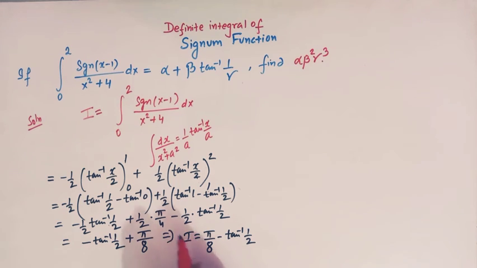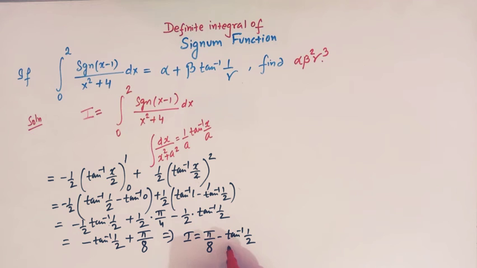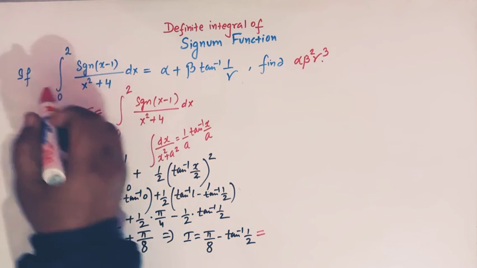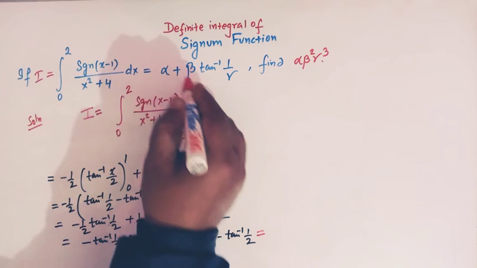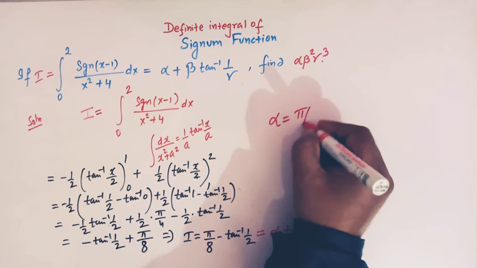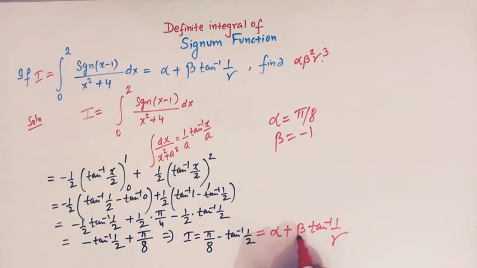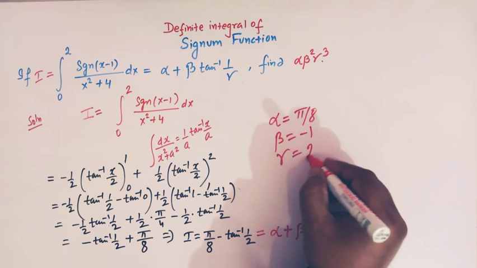So now viewers, the value of this integral is pi over 8 minus tan inverse half, and the value of this integral, which is I, is also given as alpha plus beta tan inverse 1 over gamma, right? Now if we compare both sides, alpha is equal to pi over 8, beta is equal to minus 1, and gamma is equal to 2, right?